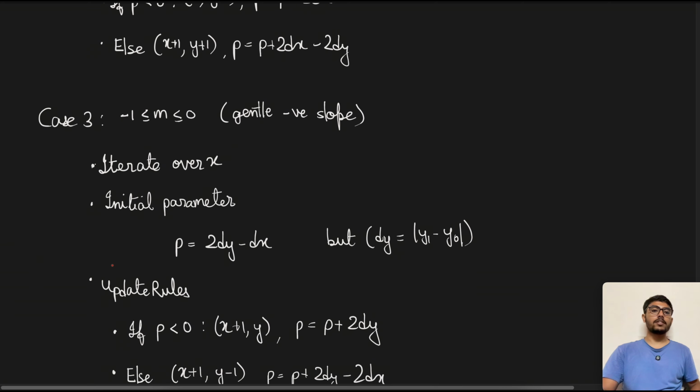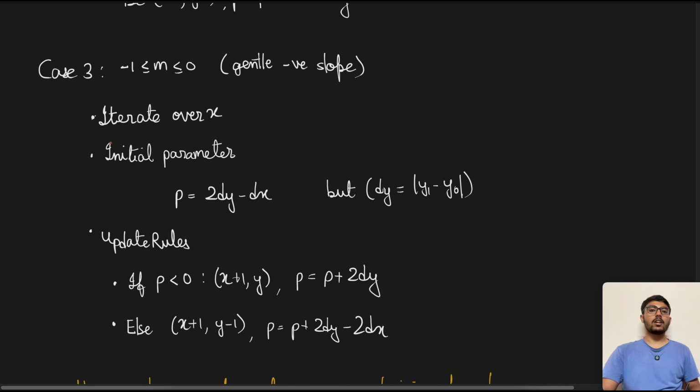Now we come to case 3, which is the other one, the negative gentle slope, minus 1 is less than m, which is less than 0. Again we iterate over x, okay, and the initial parameter is p equals dy minus dx, but we know that dy equals the mod of y1 minus y0.